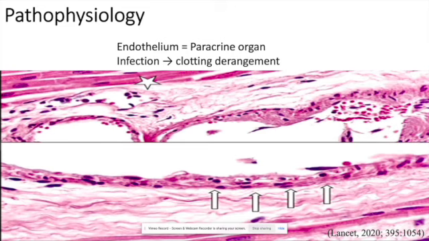This is extremely important because this is the phase that people have strokes, heart attacks, deep vein thrombosis, etc. We like to call this, in many ways, the thrombotic phase of infection.